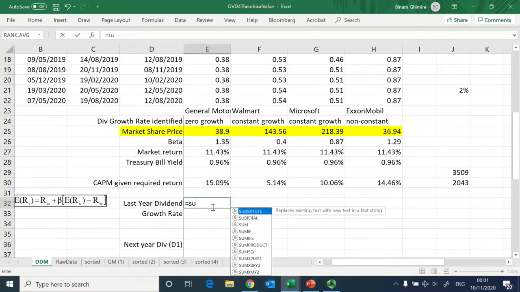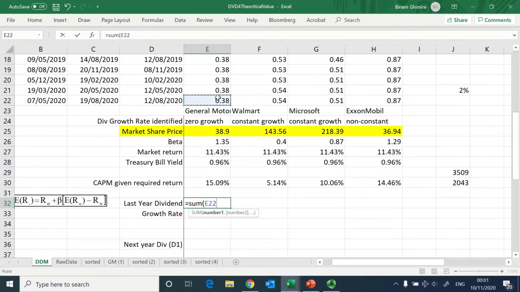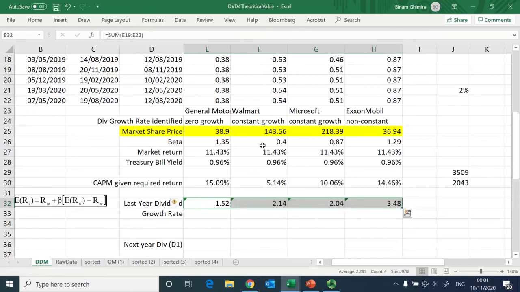So last year's dividend will be the dividends paid in 4 different quarters, 1, 2, 3, 4 quarterly dividends taken together. That is the last year dividend that was paid, and same for all other companies. We can see how much dividend the shareholders received by the end of the year.